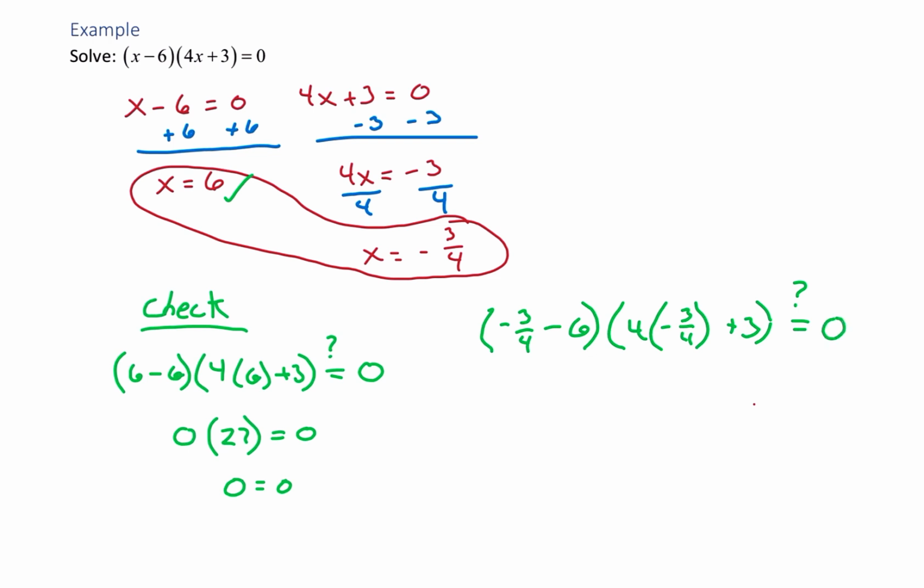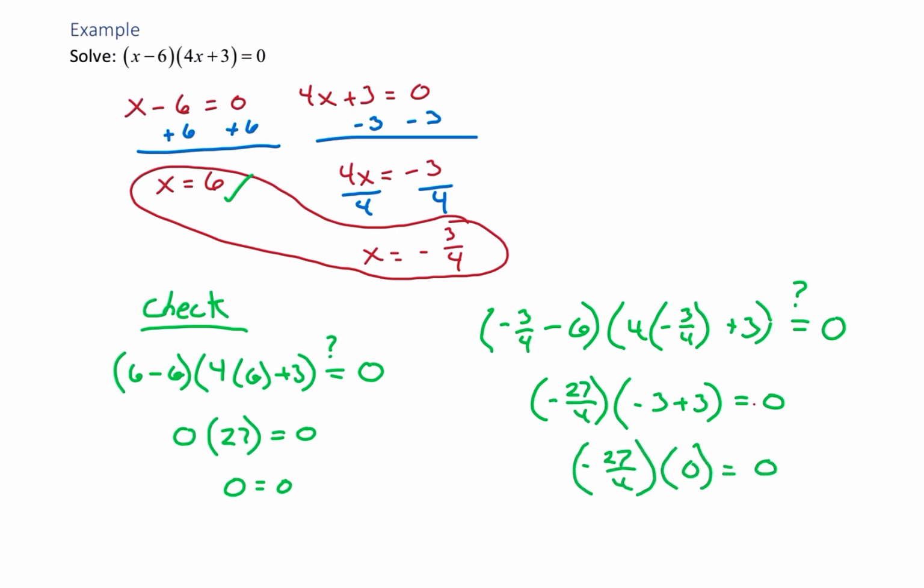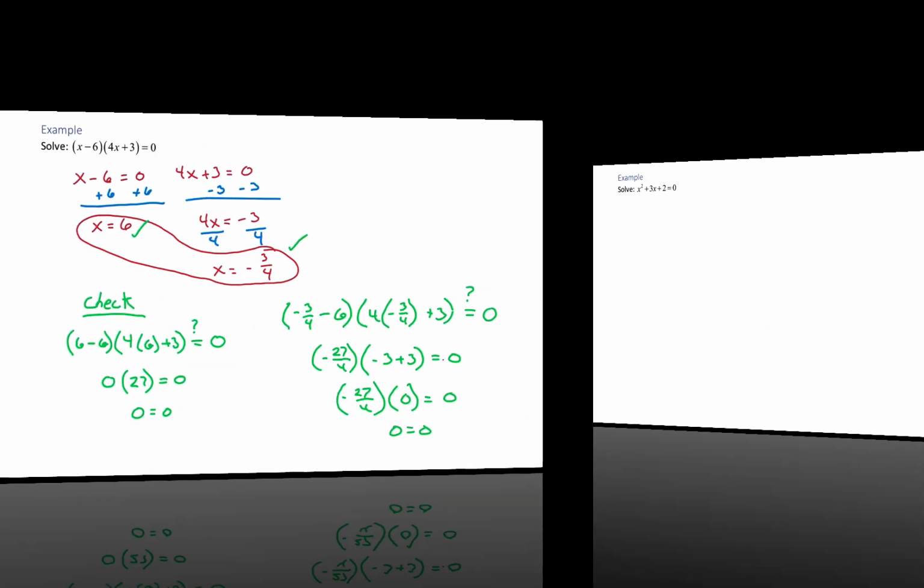Negative 3/4 minus 6 is negative 27/4. Then we have minus 3 plus 3 equals 0. Negative 27/4 times 0 is indeed 0. We get a true statement, meaning that negative 3/4 is correct.